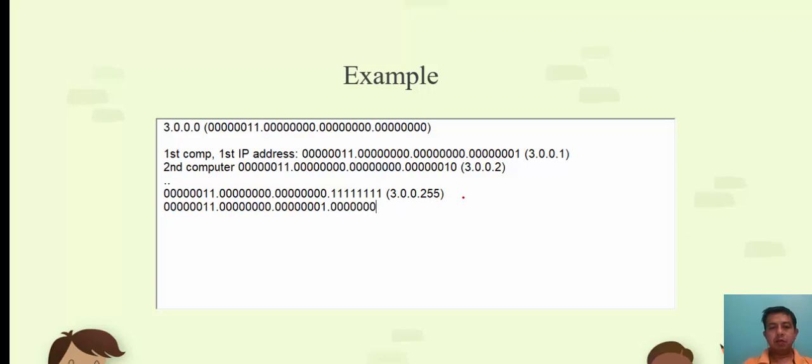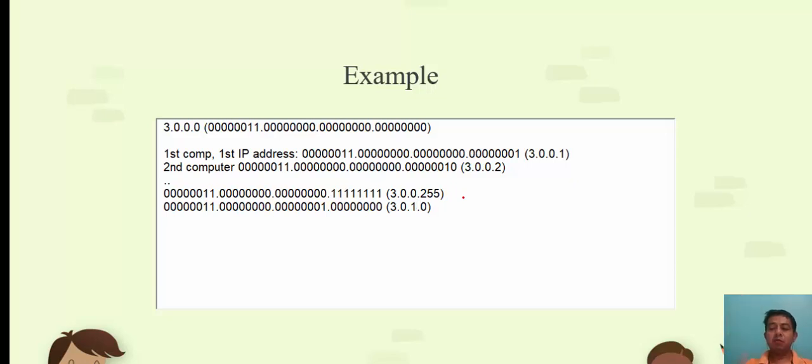Okay, then again it will go on like this. So this IP address is 3.0.1.0. So again 3.0.1.1, 3.0.1.2, 3.0.1.3, like that, 3.0.1.255. After that 3.0.2.1, 3.0.2.2, 3.0.2.3.